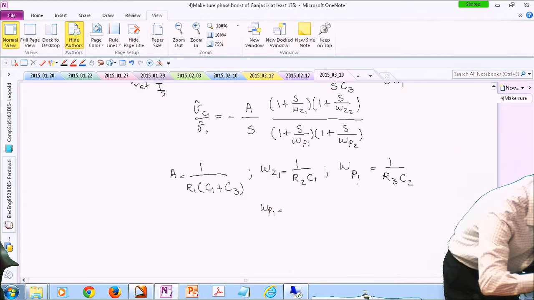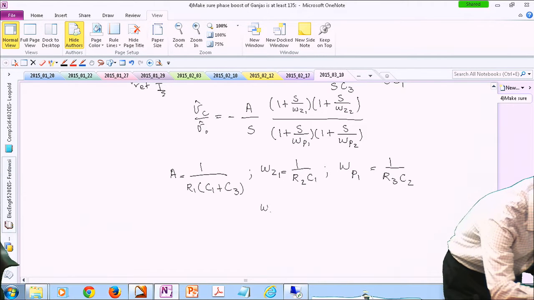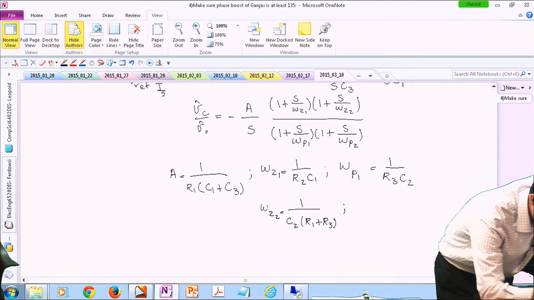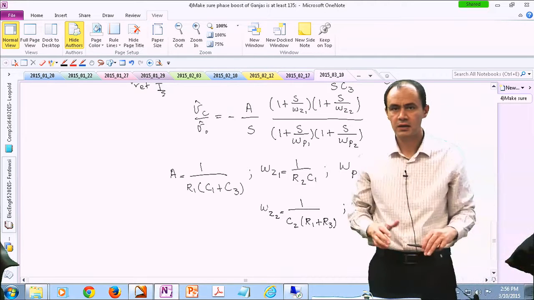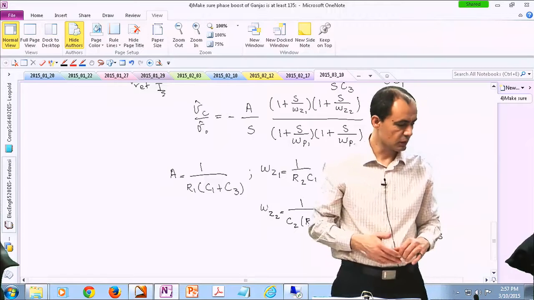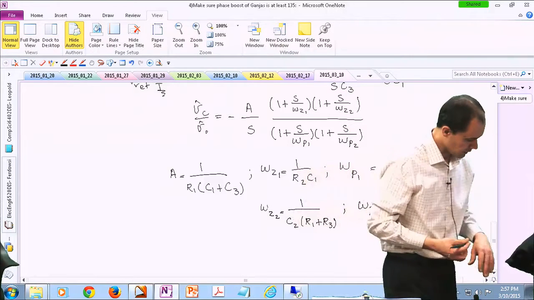Okay, omega Z2, C2 R1 plus R3. And then omega P2 is, okay. So in terms of dimensions, they're all doing good because they're all representing 1 over RC kind of a thing.